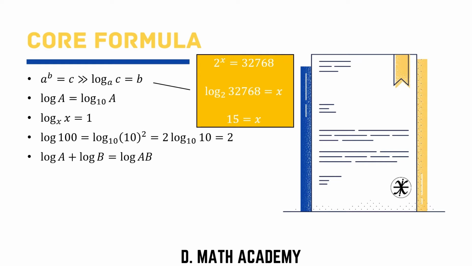Their base must be the same for the multiplication to be possible. Same thing, minus or subtraction will directly result in division. So we have log A minus log B. It can be interpreted as log A over B.